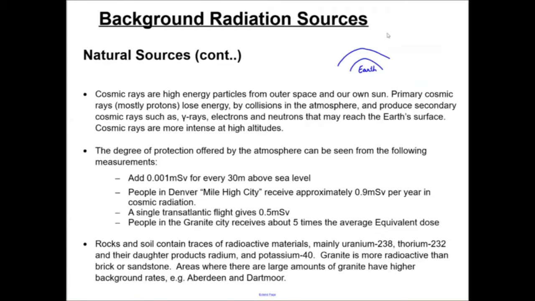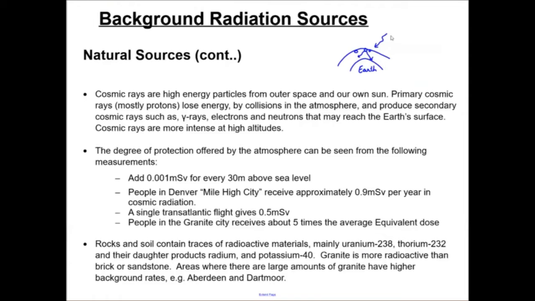These cosmic rays, which are high energy particles, collide with the atoms present in the atmosphere, and due to this collision, these atoms produce secondary radiation, such as alpha, beta, or gamma rays. And those are the radiation which falls on the Earth, right?